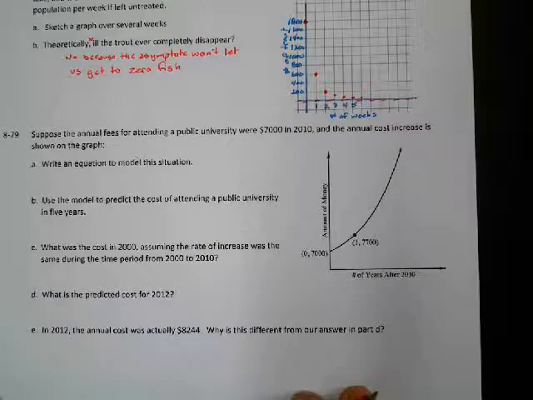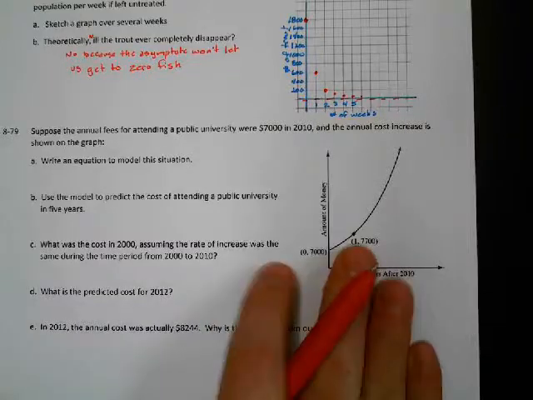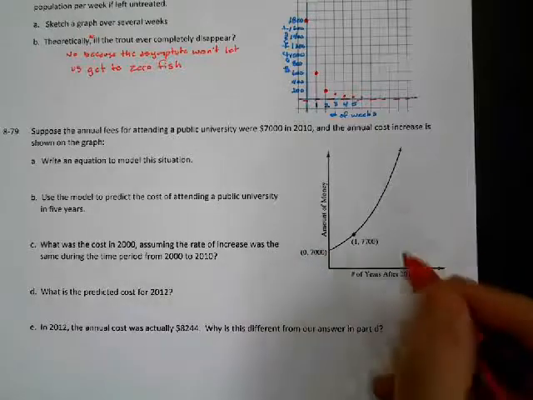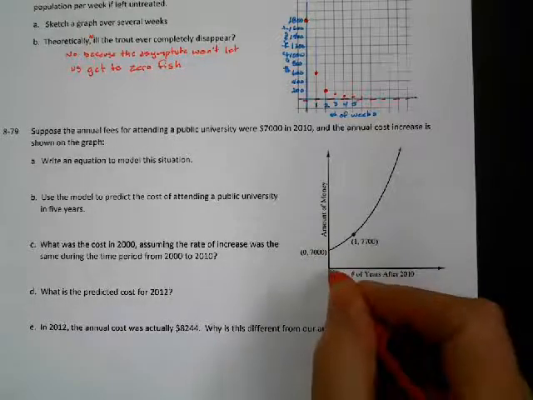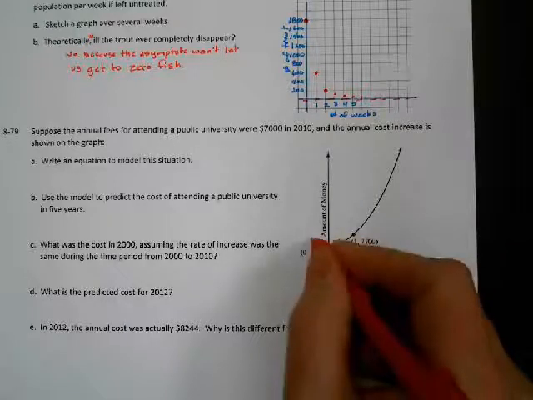Next, suppose the annual fees for attending a public university were $7,000 in 2010, and the annual cost increase is shown on this graph over here. We're supposed to write an equation to model this situation. So this would be year 2010, and that's going to be our year 0, and that's our y-intercept, so that's our a value.